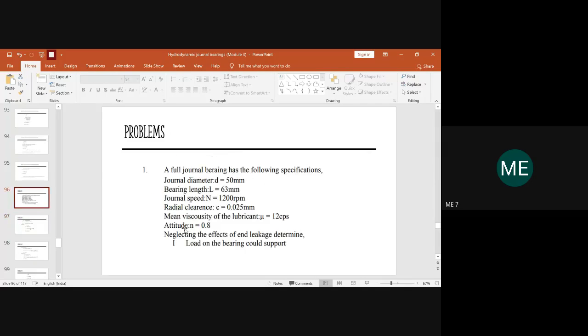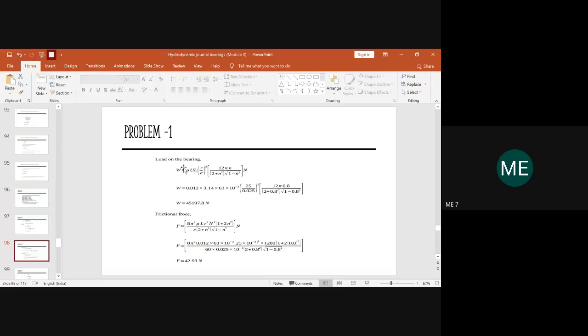The first one to determine is the load which is acting, which could be borne. For that, what is the load bearing capacity equation? We have dealt with the load bearing capacity equation, right? As per the load bearing capacity, we have the equation here: W is equal to mu U L, R upon C whole square, into 12 pi n by the remaining factor.